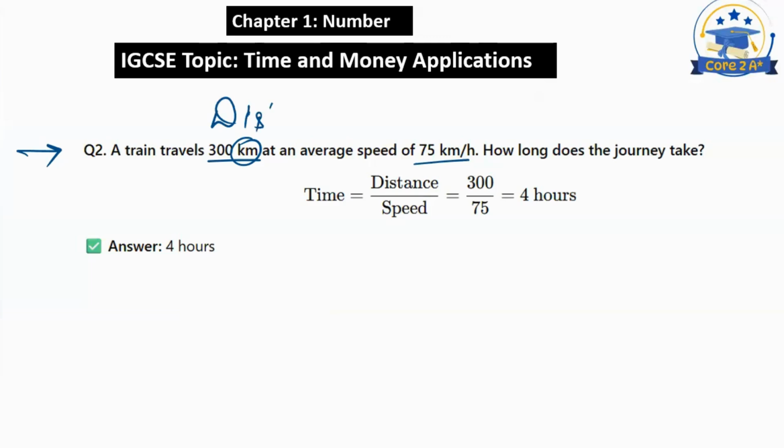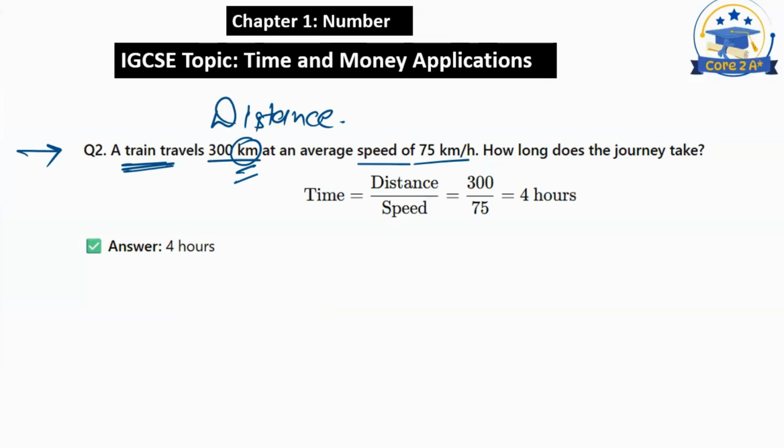Distance, obviously. We measure distance in kilometers or meters, hectometers, centimeters, millimeters. But a train travels in meters or kilometers, basically, right? We cannot measure a train in centimeters.